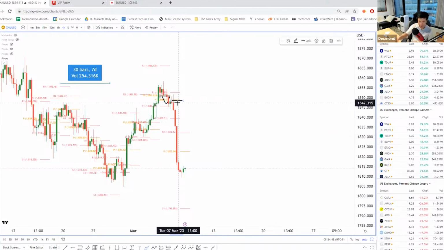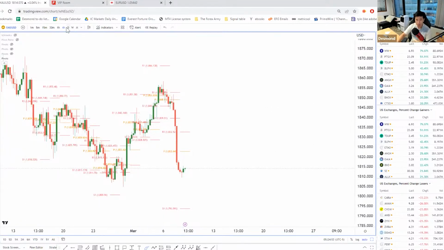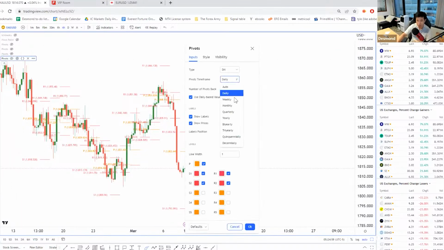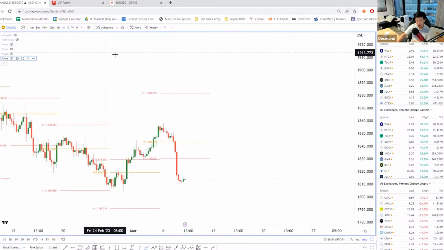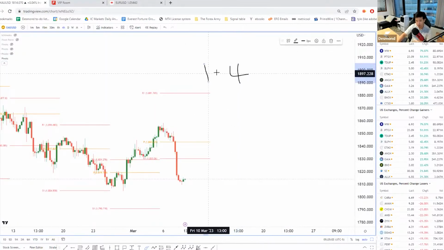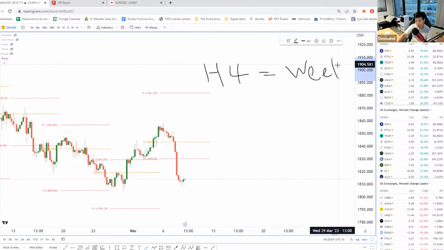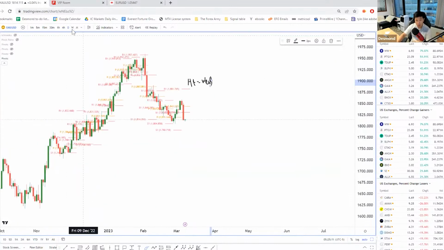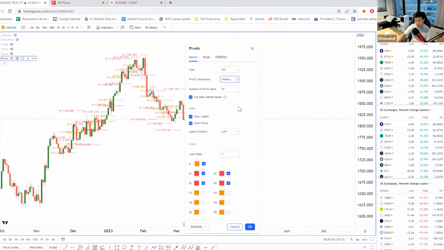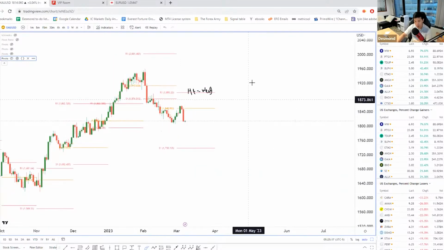Okay, so as you can see over here, let me share with you my formula. For the 4-hour chart, you want to use weekly. For the H4 chart, you're using the weekly pivot point. On the 1-day chart, as you can see over here, you are using the monthly.